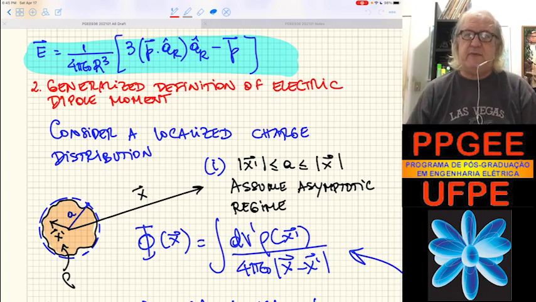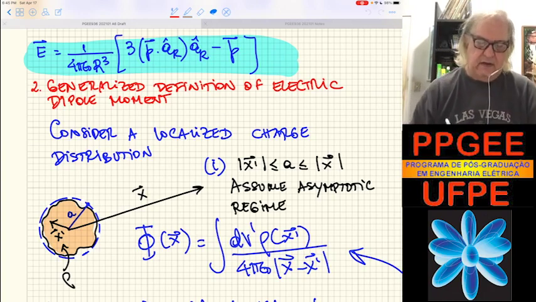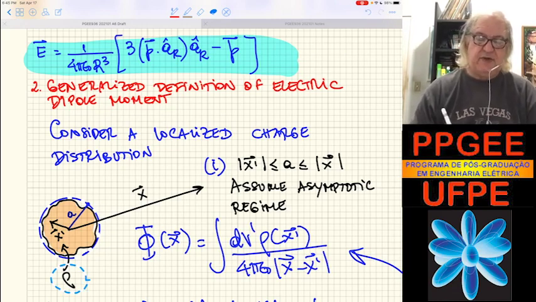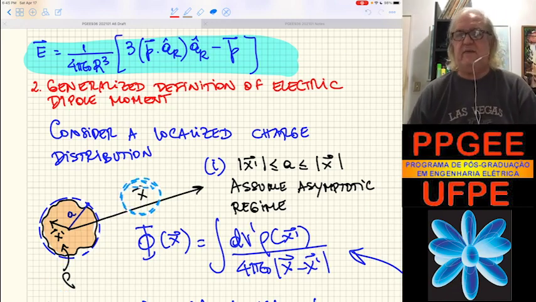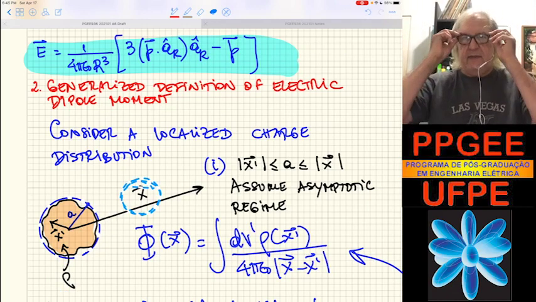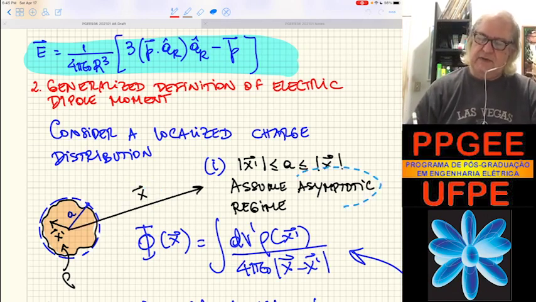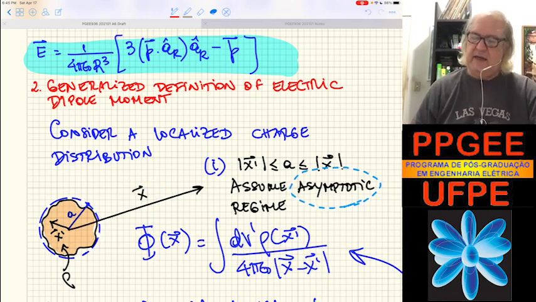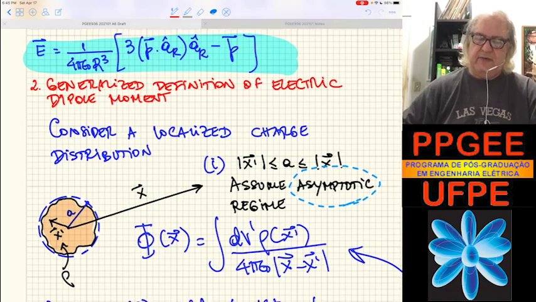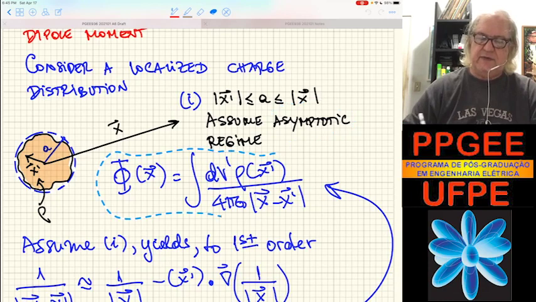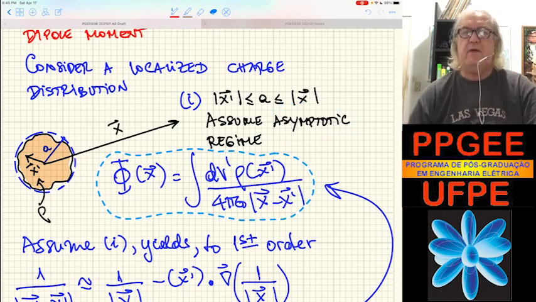This is in principle a neutral system with the charge density rho. We want to measure the effect of this localized distribution at a point in space represented by vector x. So we're going to talk about the asymptotic regime. The potential is given by that standard integral expression.